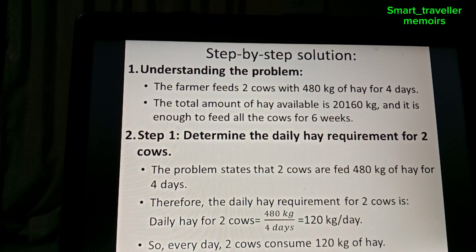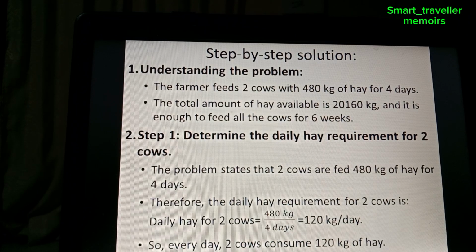Step 1, understanding the problem. The farmer feeds 2 cows with 480 kg of hay for 4 days. The total amount of hay available is 20,160 kg, and it is enough to feed all the cows for 6 weeks.